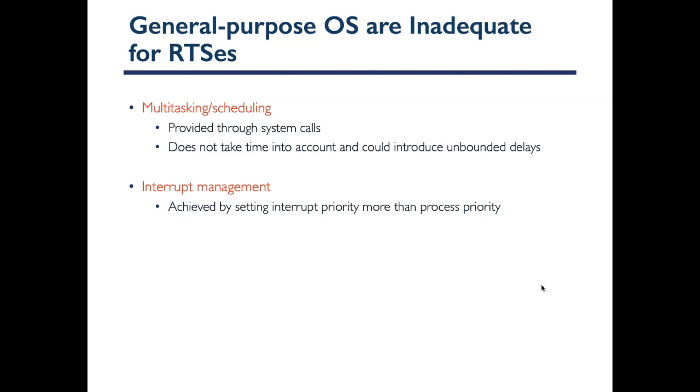Now you could imagine what would happen if what you were doing was something related to the electronic engine or the flight control. And then the interrupt handler takes some time, and that could potentially lead to missing the deadline for that hard real-time task. So that's another aspect where we'll see differences between general purpose operating systems and real-time operating systems.